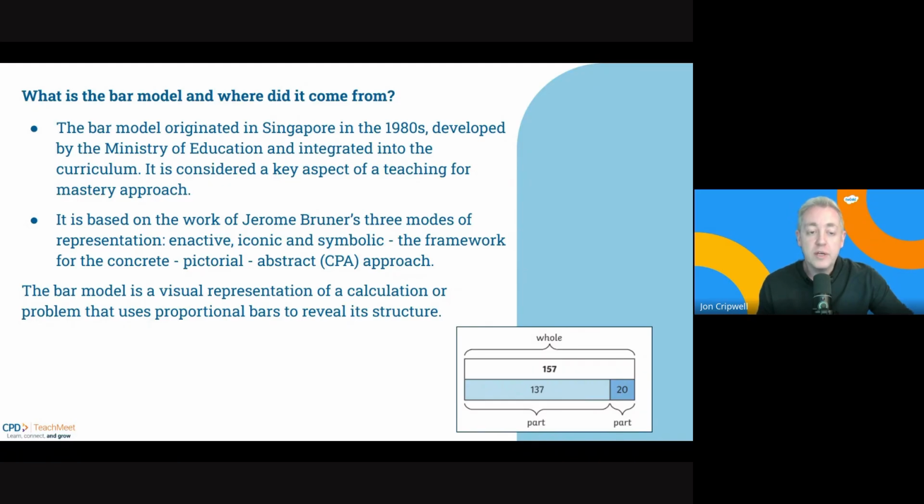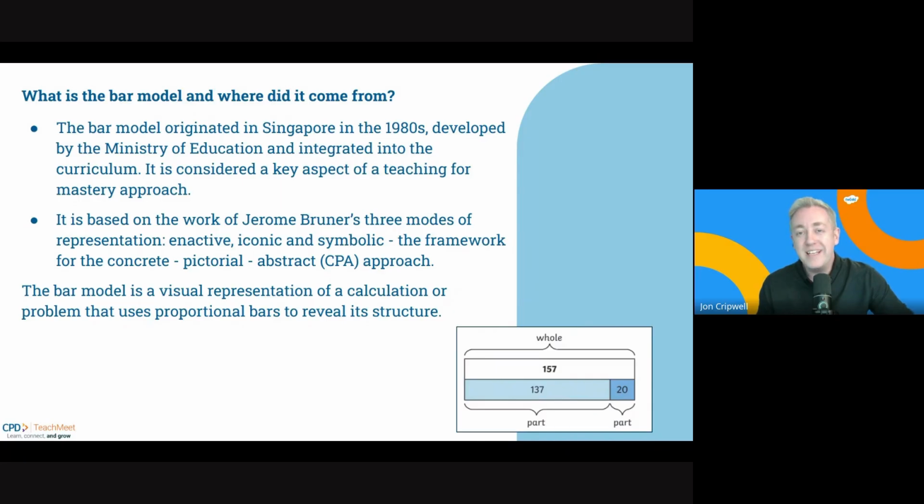It's based on the work of Jerome Bruner, who you might remember from your university studies if you did anything with education at university, and his 3 modes of representation: enactive, iconic, and symbolic, of course.